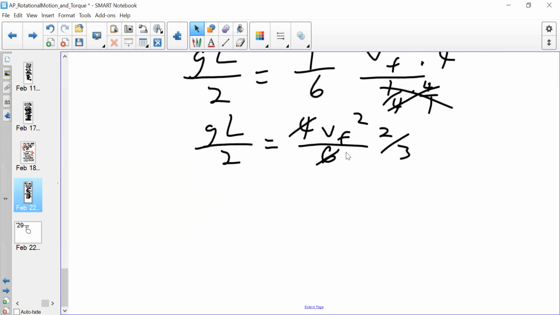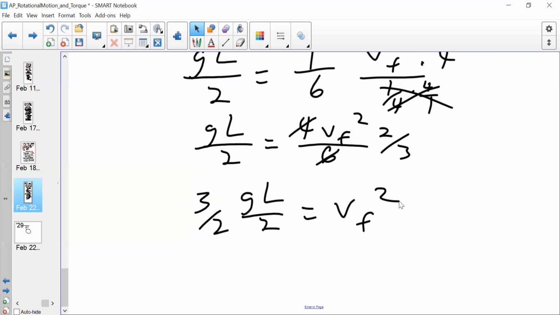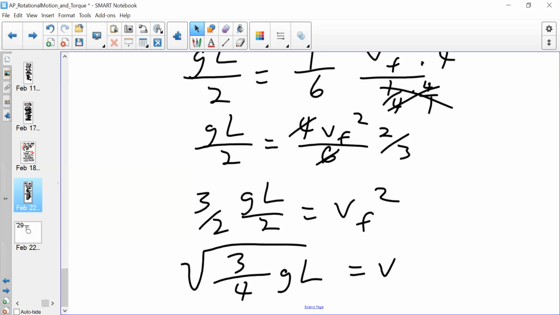We want V final to be by itself, so we just reciprocate. So that's GL/2 equals V final squared, and pretty much done. So that's going to be 3/4 GL, and that's our final speed at the bottom.